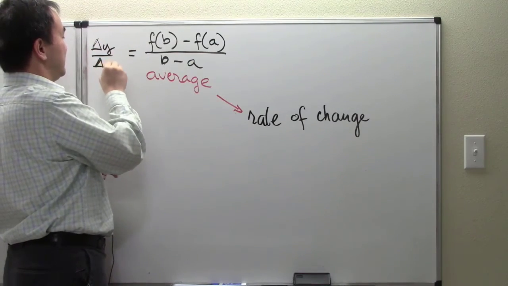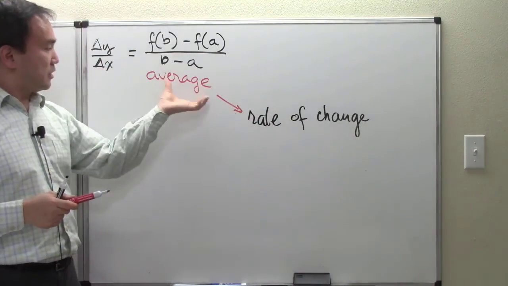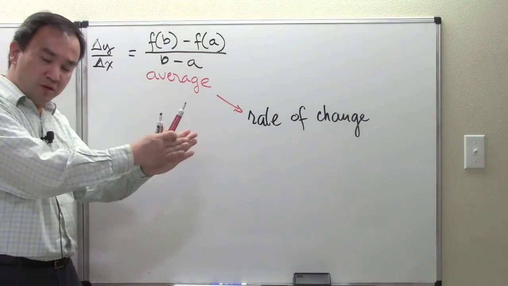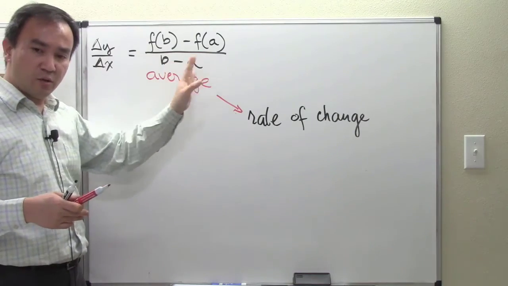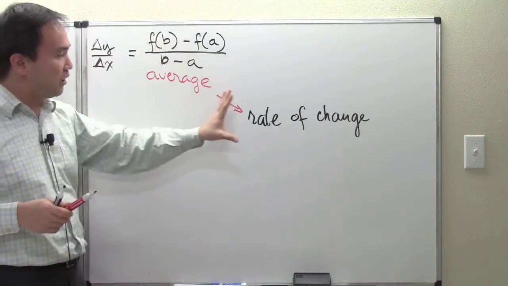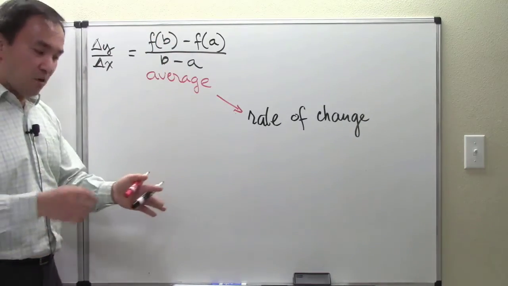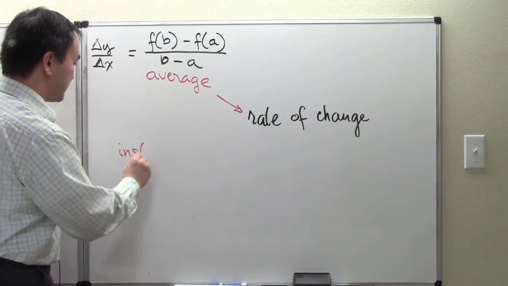In general, anytime we take the rate of change over a finite or definite interval like this, where you knew the starting and ending of your interval on the x-axis, the independent variable axis, then we call it the average rate of change. And just now we came to the understanding that there is the instantaneous rate of change.